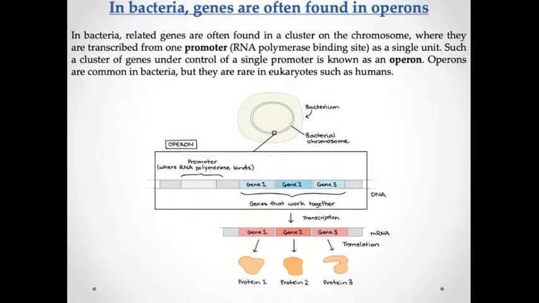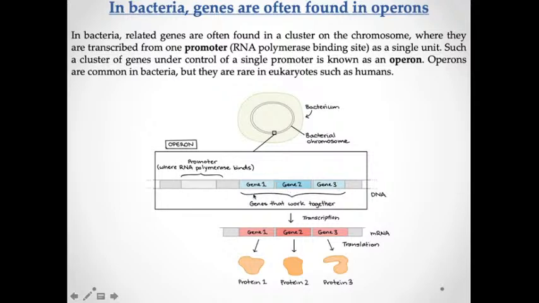Like in this case, in bacteria, the example given to you is the bacterial chromosome, and inside the bacterial chromosome, this is the operon. The operon structure is made up of a promoter where RNA polymerase binds, and it has gene 1, gene 2, and gene 3.